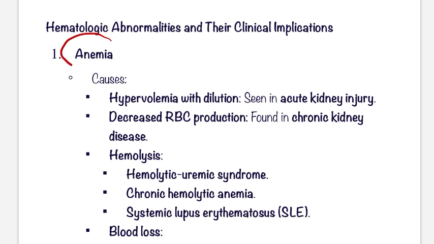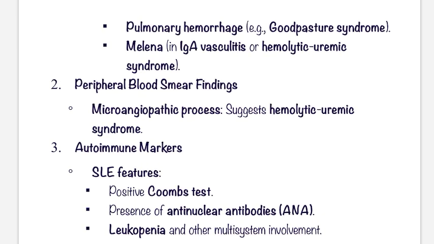Yes, anemia is associated, which is hypervolemia with dilution. This is the most common cause. Decreased RBC production in CKD and hemolysis like HUS, chronic hemolytic anemia and SLE, and blood loss.